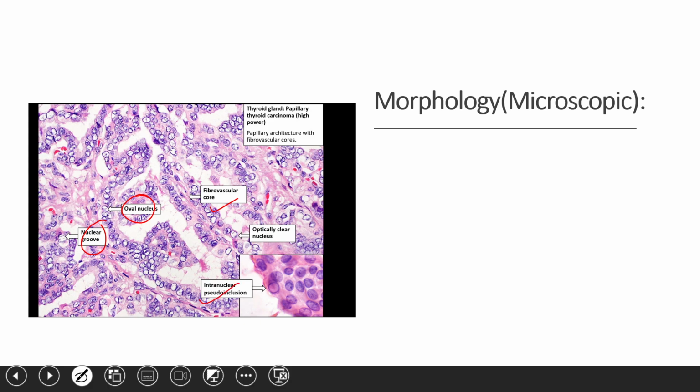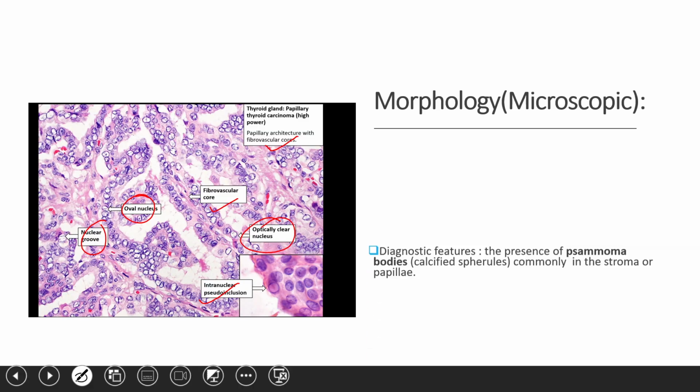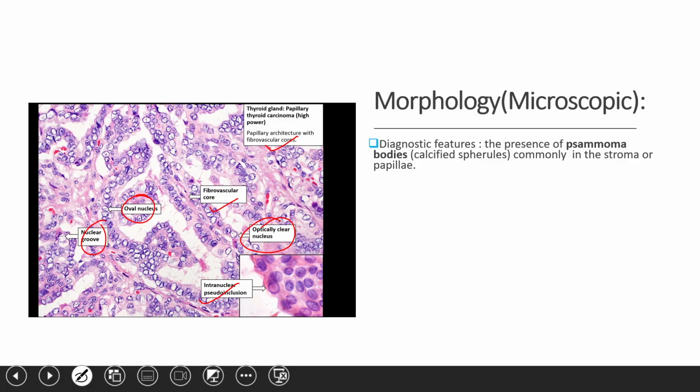Such inclusions are a very diagnostic feature of this thyroid carcinoma, and papillary architecture with fibrovascular cores is appreciated here, and the optically clear nucleus, and there is the presence of psammoma bodies, that is calcified spherules, spherical structures, commonly in the stroma of the papillae.